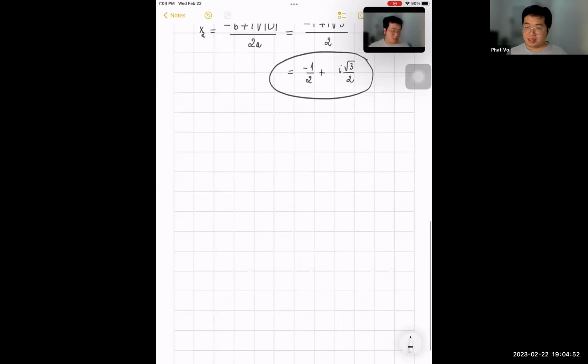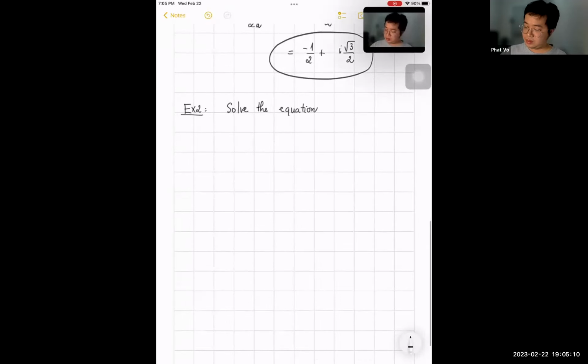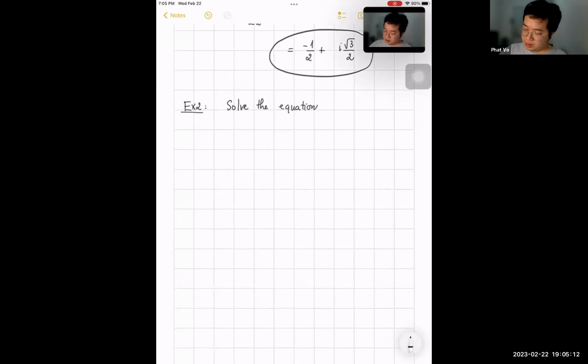Okay, I can give you another example. What else to practice? Example 2. Solve the equation x squared plus 2x plus 4 is 0.